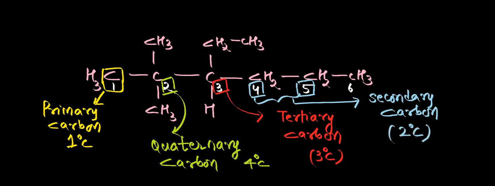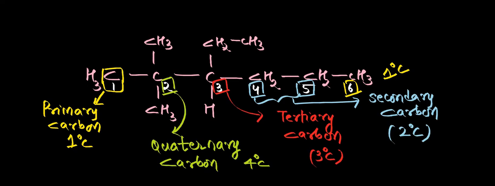And what about the sixth one? It again becomes 1 degree carbon, primary carbon, because it is directly connected with only one. I hope you are clear with this. So we decide the degree of carbon, or classify the carbon, depending on the number of other carbons directly connected with it.